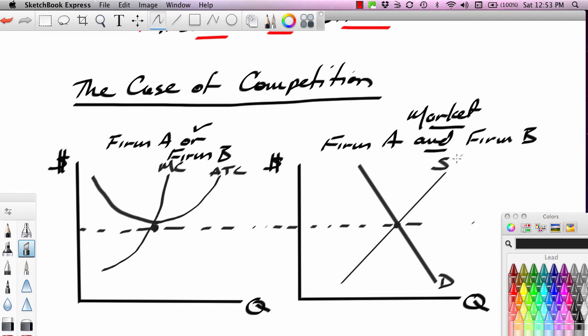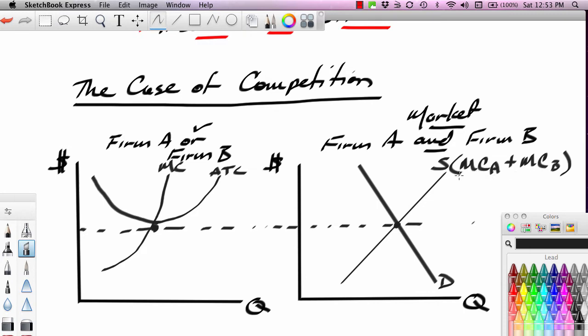Remember that the supply curve is the MC curve of A plus the MC curve of B. In other words, each of the firm's MC curves constitute the supply curve for the firm, and when we add those 2 MC curves together, we get the market supply curve. So essentially, market supply is a function of the marginal cost curves of the competitors.